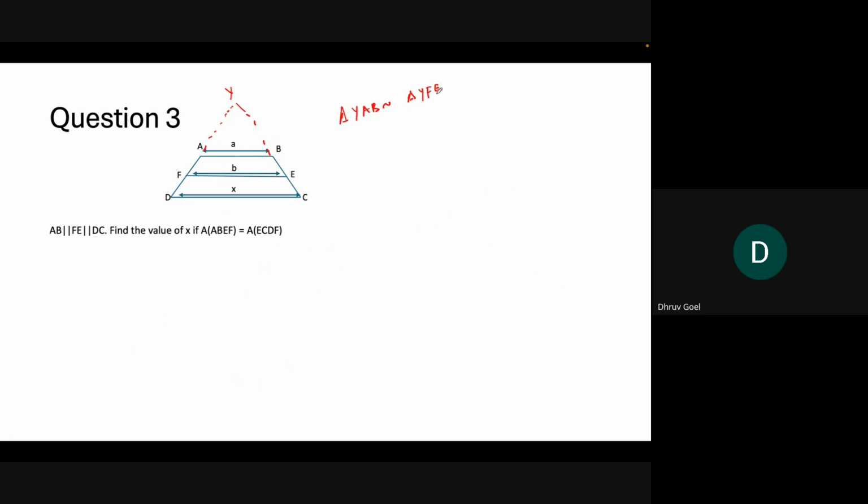Through this, we can say AB upon EF, squared, should be equal to the area of triangle YAB upon the area of triangle YFE. Can I say this thing?